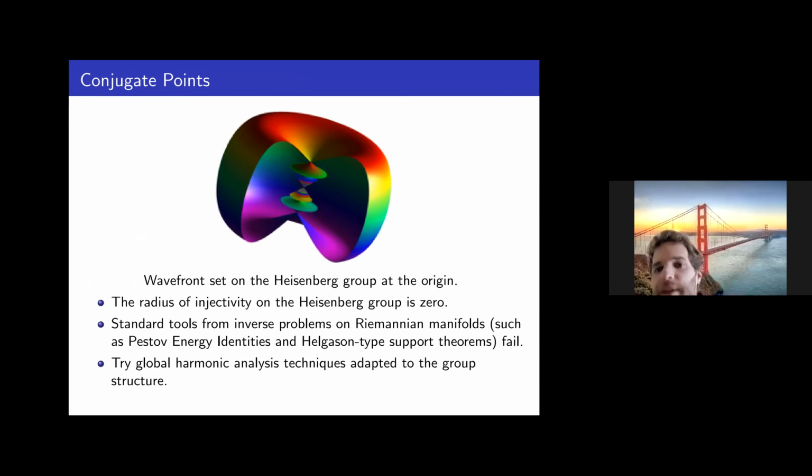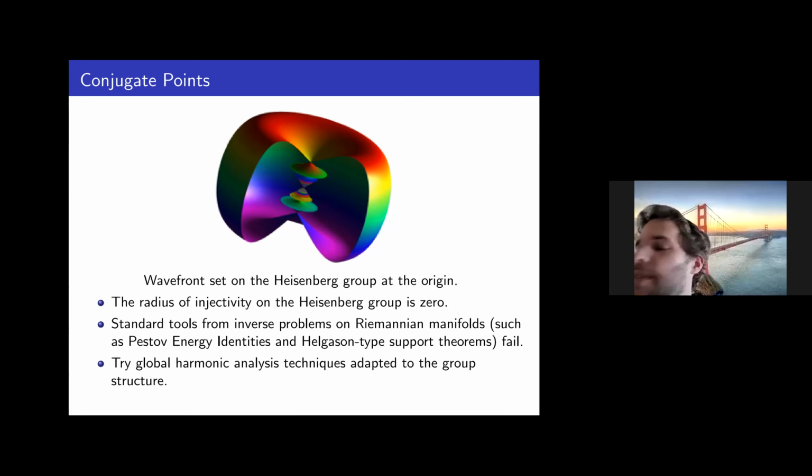So here's also an image I got from the University of Birmingham webpage. The main challenge that we face in the sub-Riemannian case again is the presence of conjugate points. And here, looking at the Heisenberg wavefront set and seeing how it instantly self-intersects gives an idea of this zero radius of injectivity.